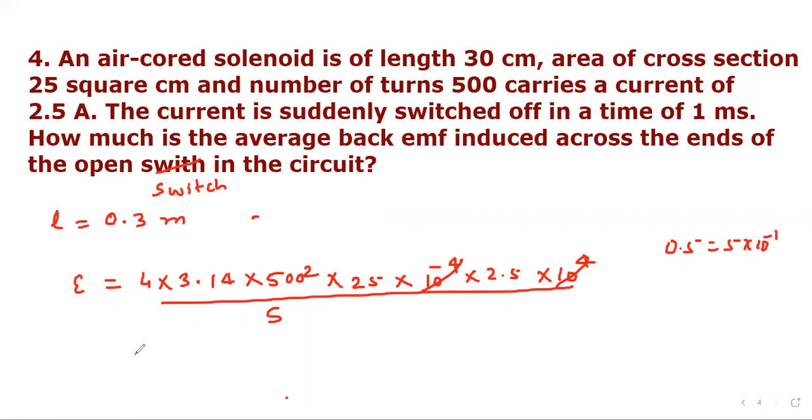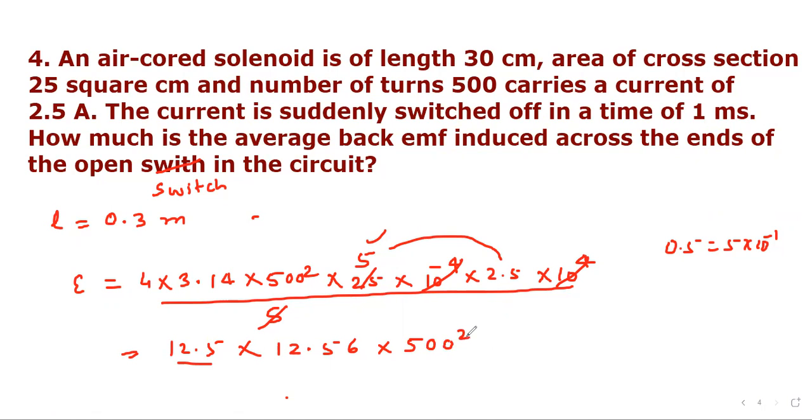And if we multiply, this 5 into 2.5 will become 12.5 multiplied by 4. That gives 12.5. So only this 500 square is left.